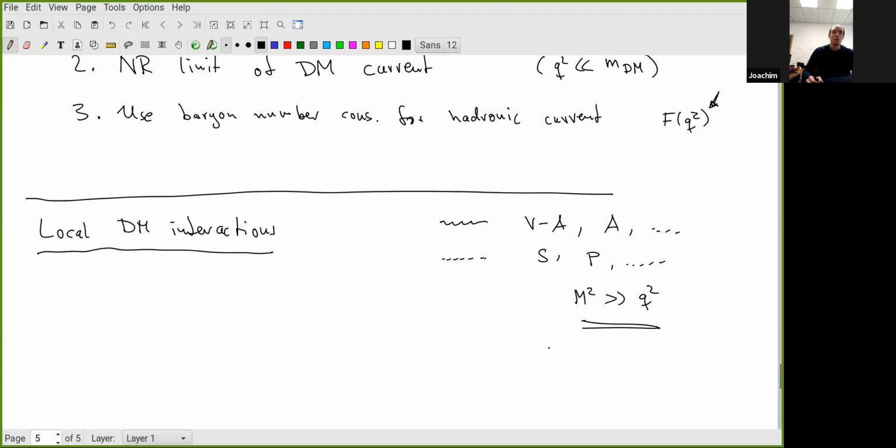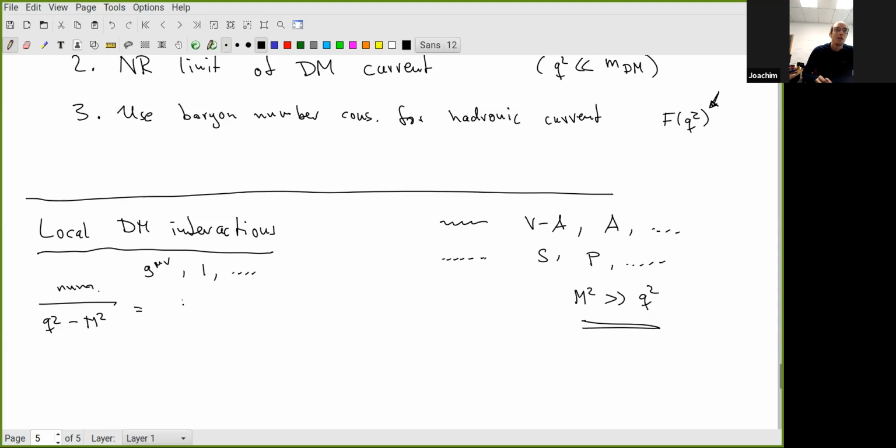If we make this assumption, we can always do this expansion of the propagator like we did for the vector interaction. These propagators always have this form: some 1 over q squared minus m squared, and then there's a numerator. This numerator depends on what type of mediator this is. It could be a g mu nu, or it could be just a 1. These are the two most important cases for scalar and vector interactions.